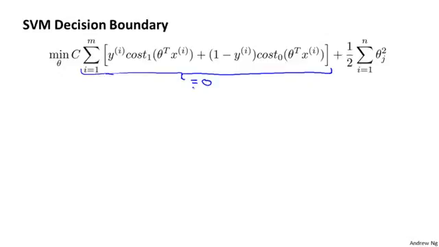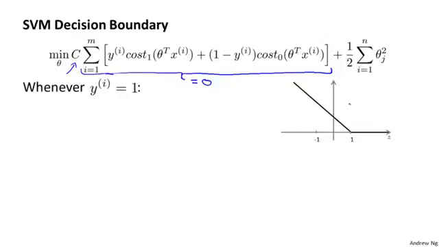So let's try to understand the optimization problem in the context of what it would take to make this first term in the objective equal to 0, because maybe we'll set c to some huge constant. And this should give us additional intuition about what sort of hypotheses a support vector machine has. So we saw already that whenever you have a training example with a label of y equals 1, if you want to make that first term 0, what you need is to find the value of theta so that theta transpose x i is greater than or equal to 1.